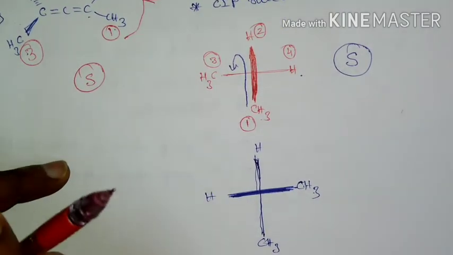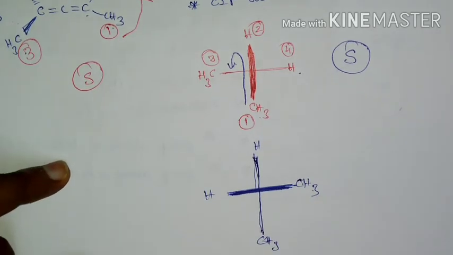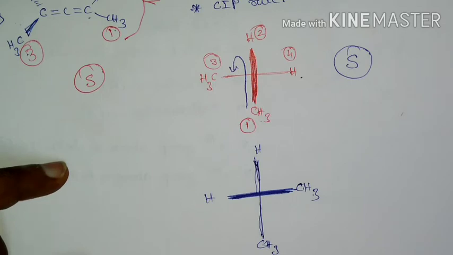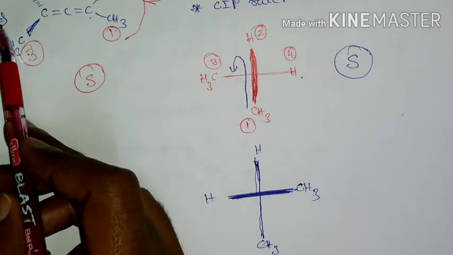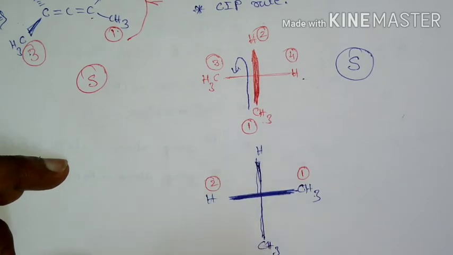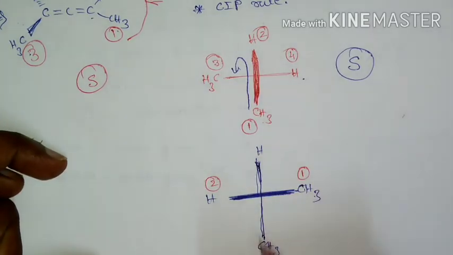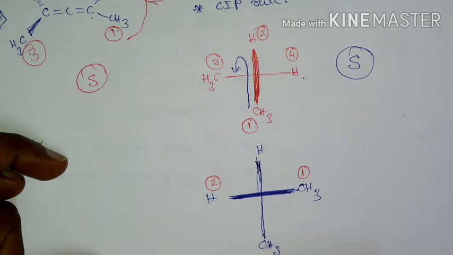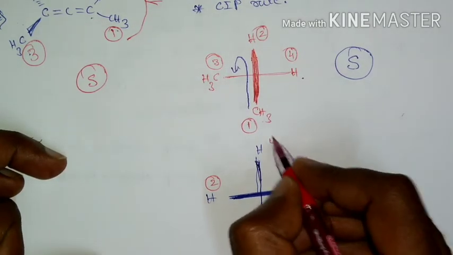Now I need to give the priorities to the groups from the side from which I am viewing the molecule. So I am viewing from this side. So CH3 will take first priority, H will take second priority, and if I move to this second bond, CH3 will take third and fourth will be hydrogen.